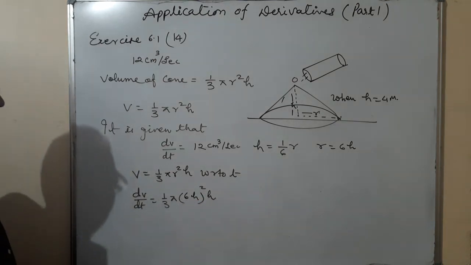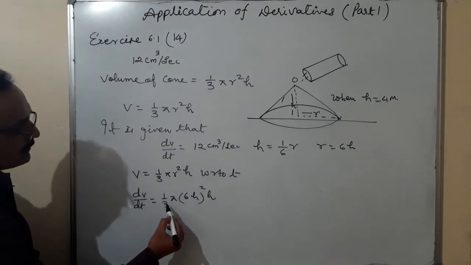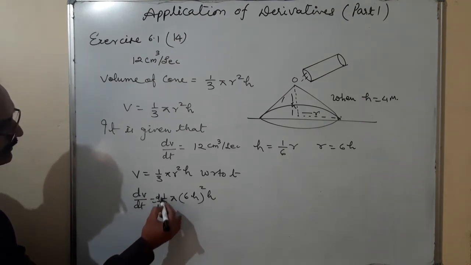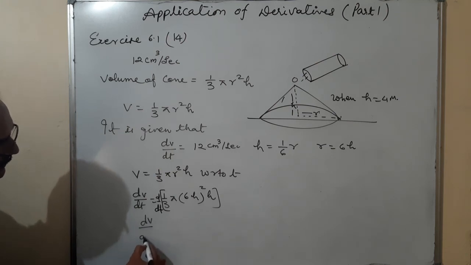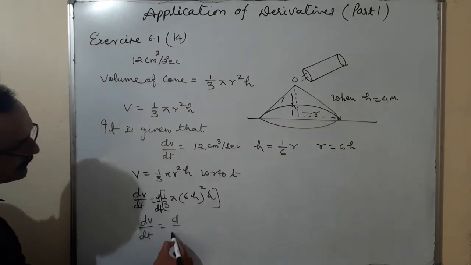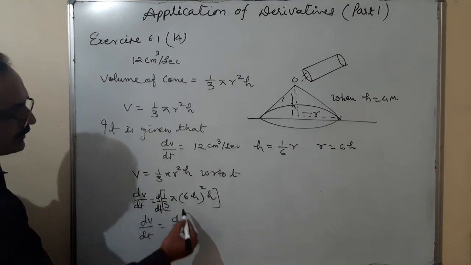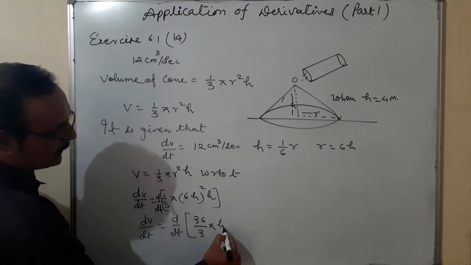And what is this dV by dt? So dV by dt is equal to d by dt of this. Here 6 squared is 36, 36 upon 3 pi h cube.